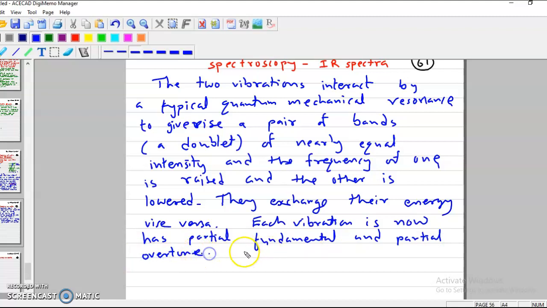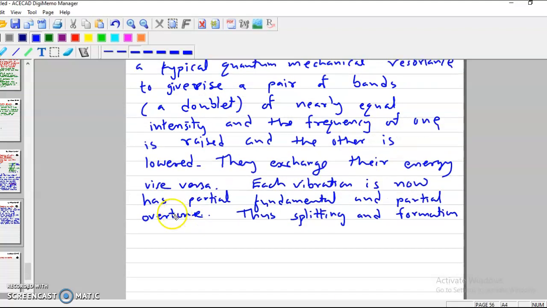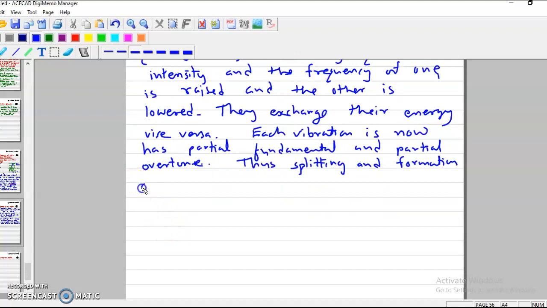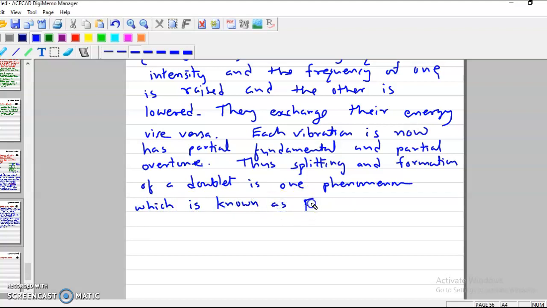Thus, splitting and formation of a doublet is one phenomenon which is known as Fermi resonance.